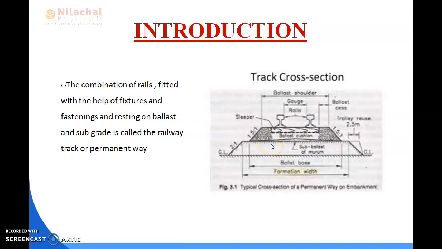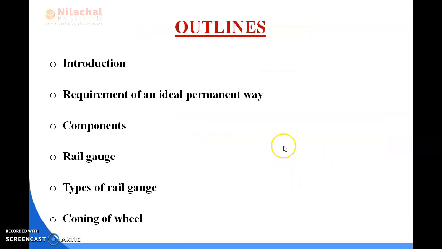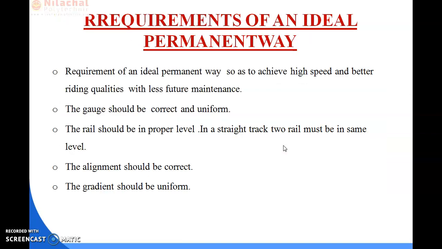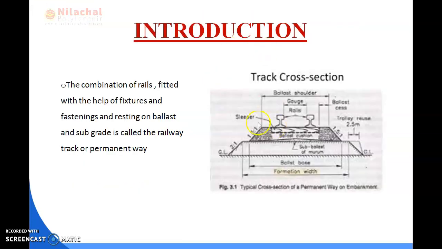Because all of you know that whenever our foundation is strong, then the building will be stronger. Like that, whenever the foundation or lower layer of the track is stronger, that will help the track.